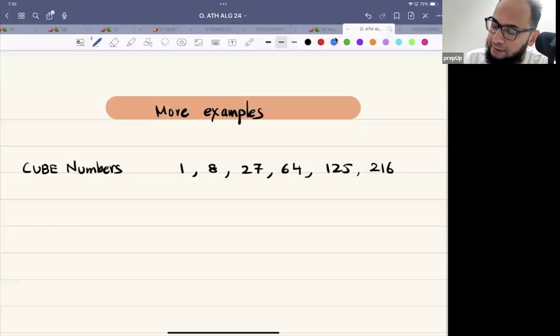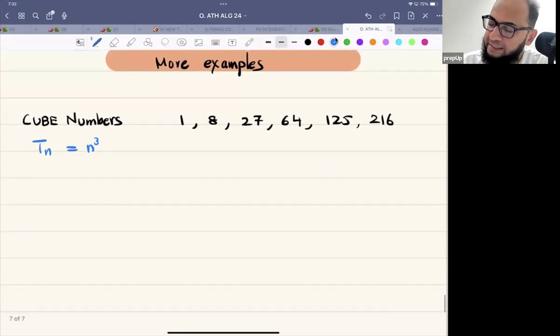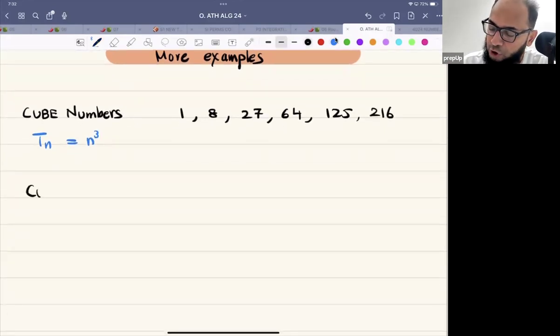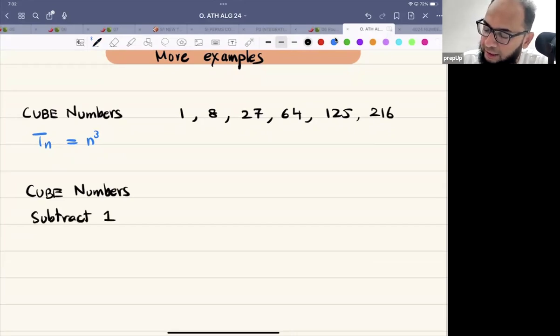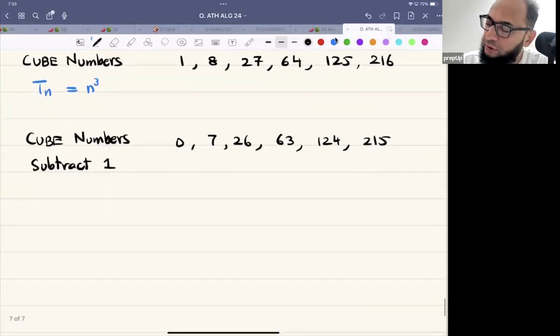So cube numbers, Tn is equal to n cube. Similarly, I can have cube numbers and then subtract 1. So 1 becomes 0, 8 becomes 7, 27 becomes 26, 64 becomes 63, 125 becomes 124, 216 becomes 215. So the sequence over here is Tn is n cube minus 1.